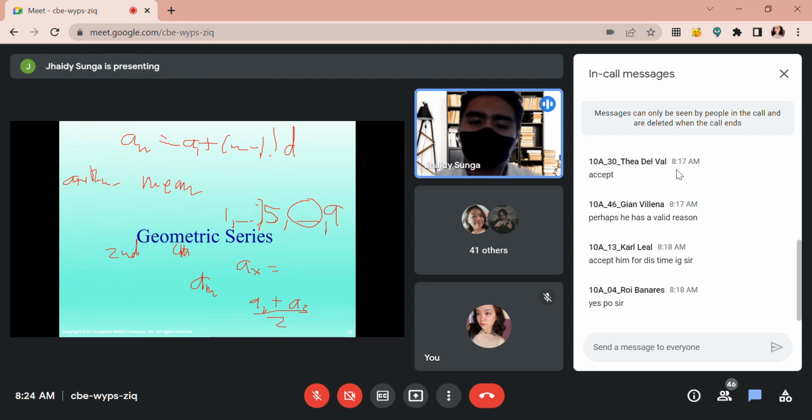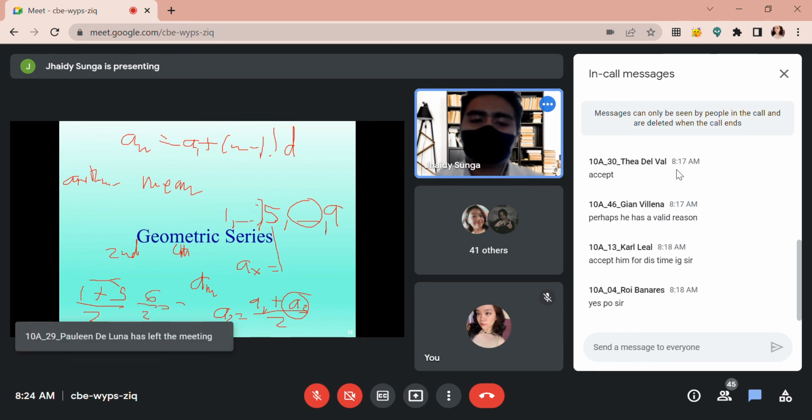So in order for us to find a sub 2, it is equal to a sub 1 plus a sub 3 all over 2. If we are to find it, we have 1 plus a sub 3, which is 5, so 5 all over 2. Once we have that, we add and will have an answer of 6 divided by 2, which is 3. So we now have the second term, which is 3.